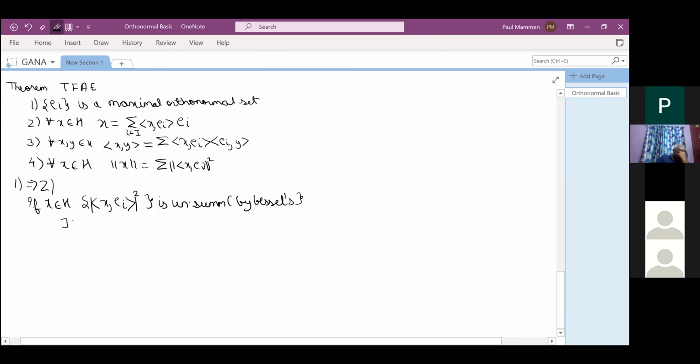And so there exists an x naught belonging to H such that x naught is equal to the sum.